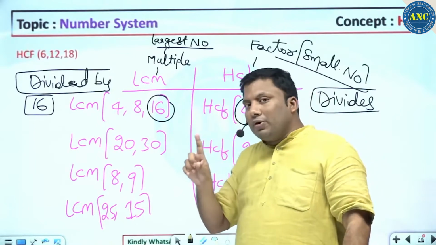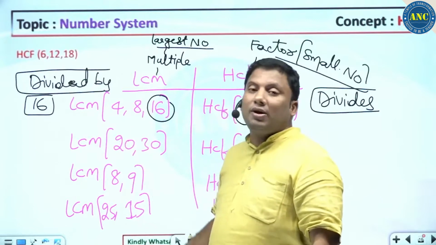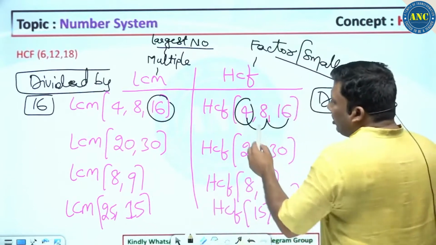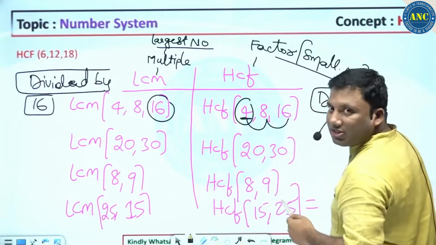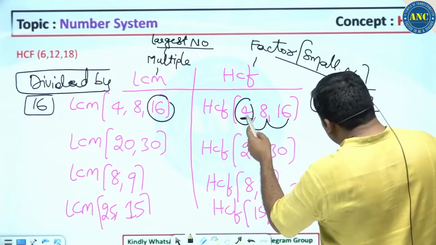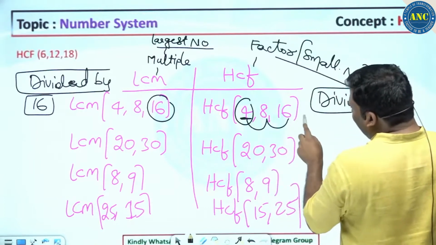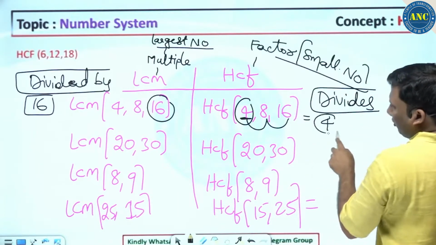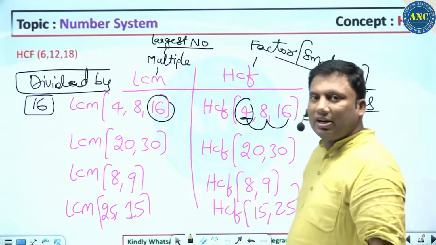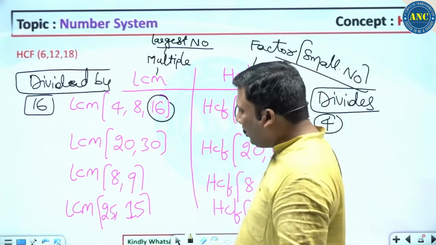LCM, multiple means largest number. Largest number should be divisible by every other number. HCF is smallest. Smallest should divide every other number. 4 will divide 8. 4 will divide 16. This is 4. I hope the idea is clear. Difference between LCM and HCF.